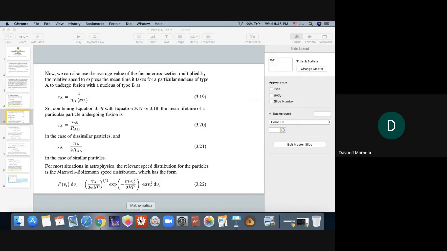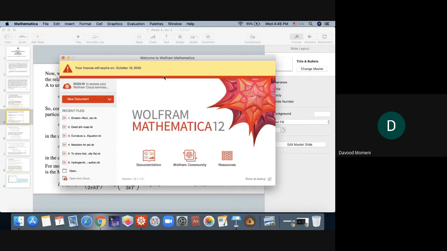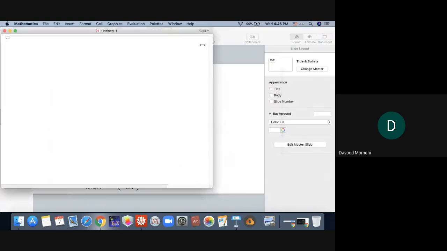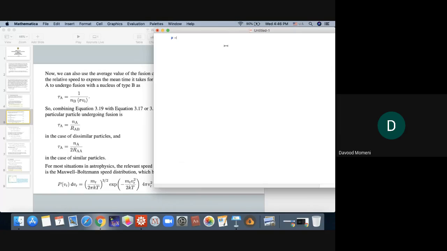We can actually show that here with Mathematica. I will show you by Mathematica why this integral should be 1. So we have a P here. What is P?